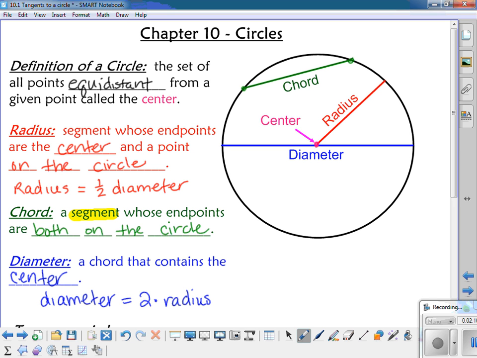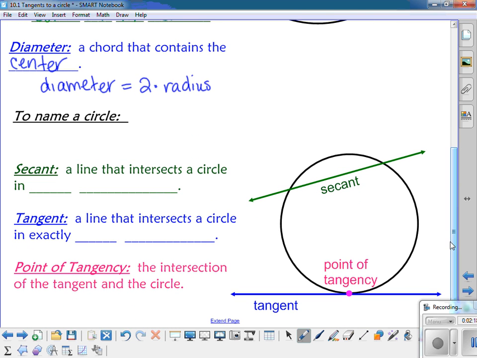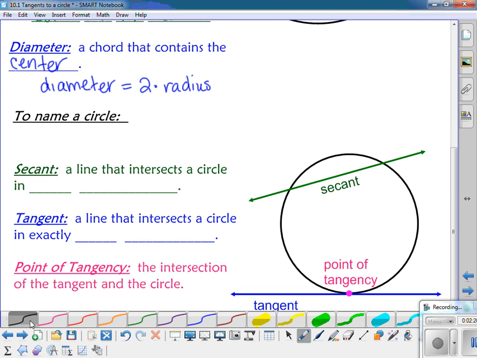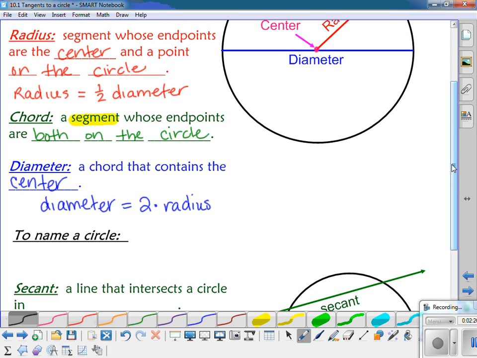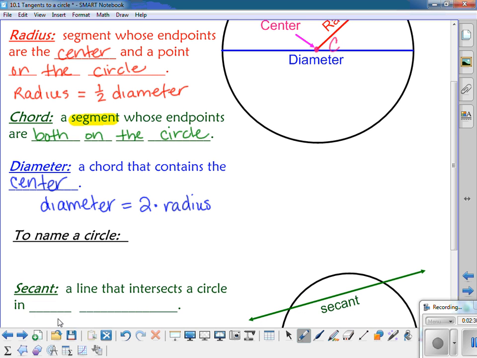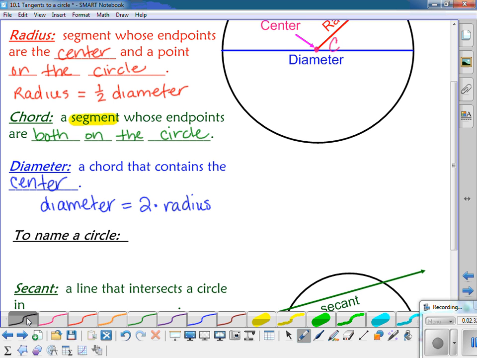Okay, so all that's in our figure there. Are we good? All right, so when we name a circle, I have to have a way to refer to a circle. We use the center point. So actually, I'm going to call this center point up here C. And so if I was naming that circle, I would call it circle C. So we use the center.